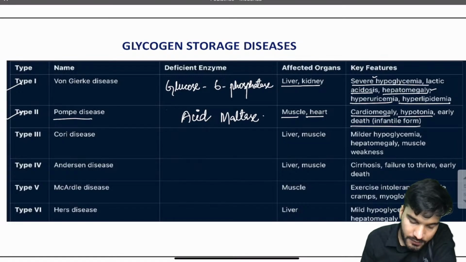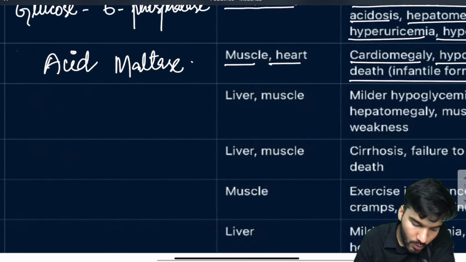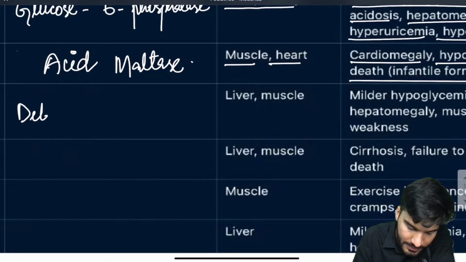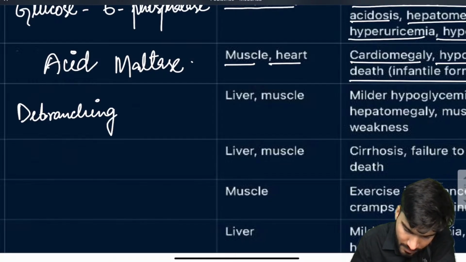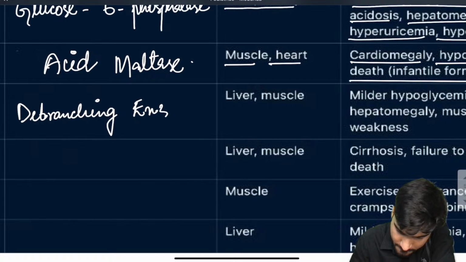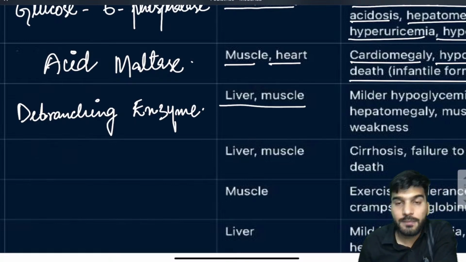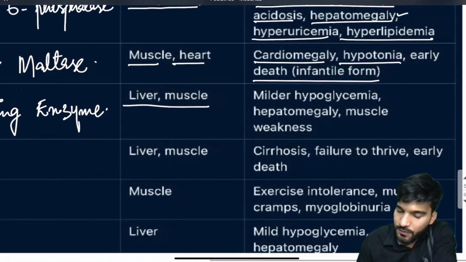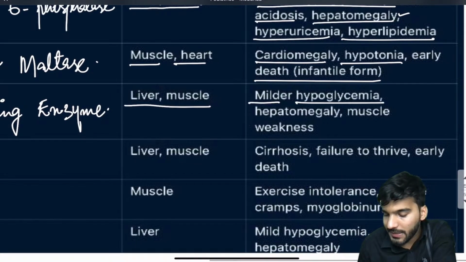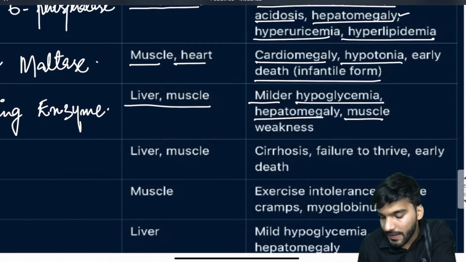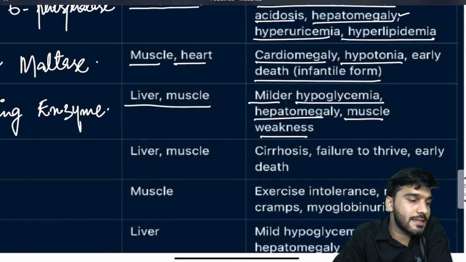Then we have the third one, Cori's disease. The enzyme deficient in Cori's disease is the debranching enzyme. It involves liver and muscles, and the patient will complain of milder hypoglycemia, muscle weakness and hepatomegaly.